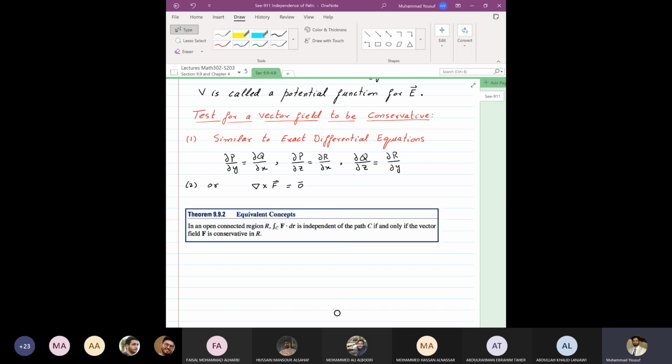In an open connected region R, the integral over C of F dot dr is independent of path C if and only if the vector field F is conservative.